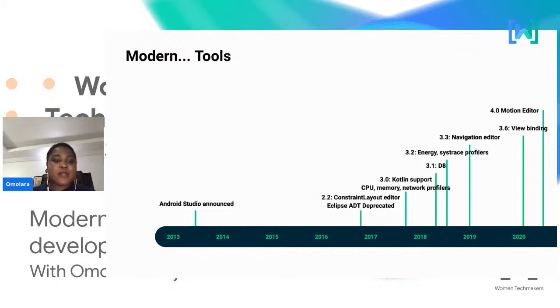So we have support for the layout editor, profilers, navigation editor, motion editor, view binding, and a couple of other things that have made Android development really, really easy. So it's a no-brainer when Google says Android Studio is now the official IDE for Android development.